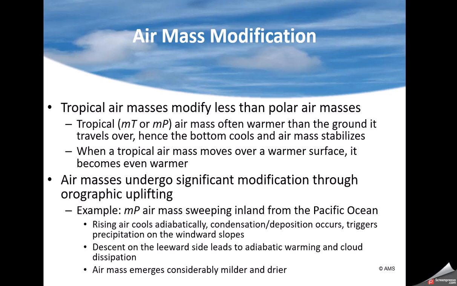They're going to modify a lot faster. And because of that, they're going to be a significantly warmer air mass than the temperatures that they had up in Canada. Probably a good thing because I don't want to be that cold. And another thing, tropical air masses don't tend to modify as quickly as continental polar air masses.